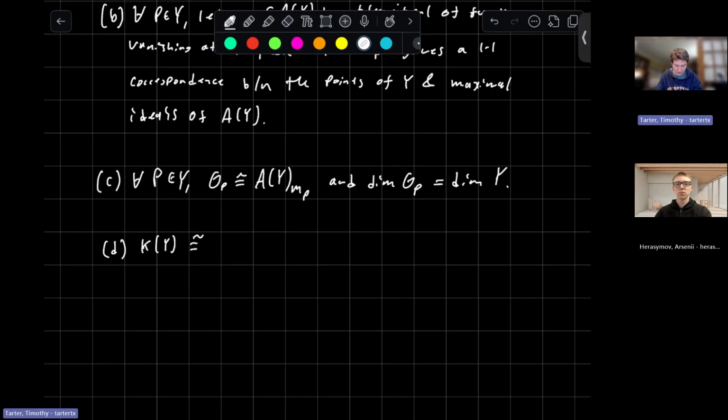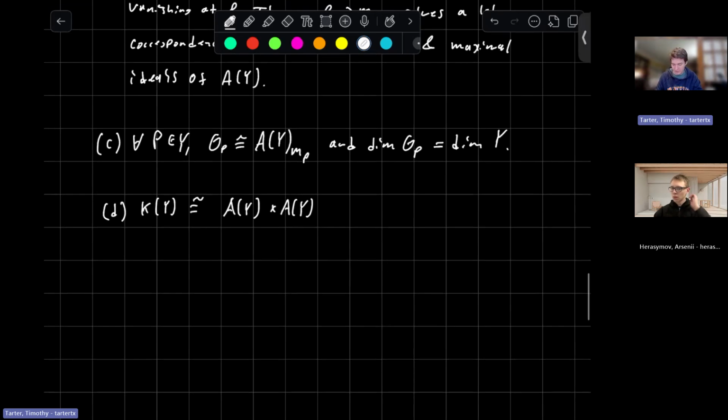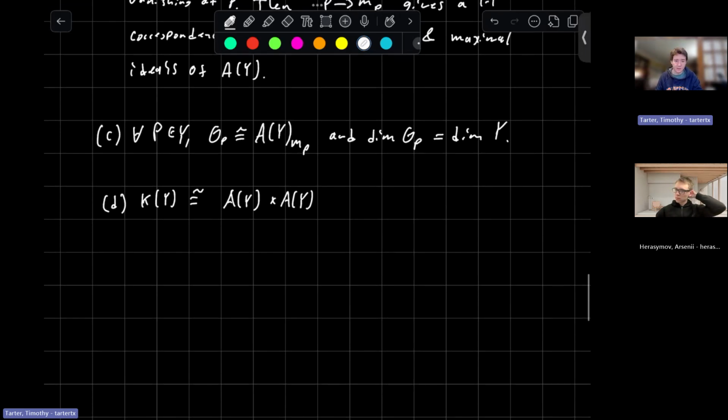We don't really have a way to denote this except A(Y) Cartesian product A(Y), I guess would be the easiest way to do it. That's isomorphic to the field of fractions.